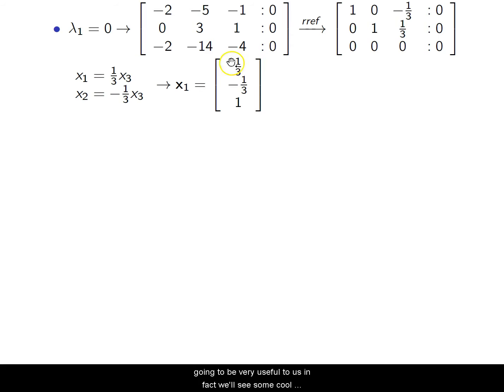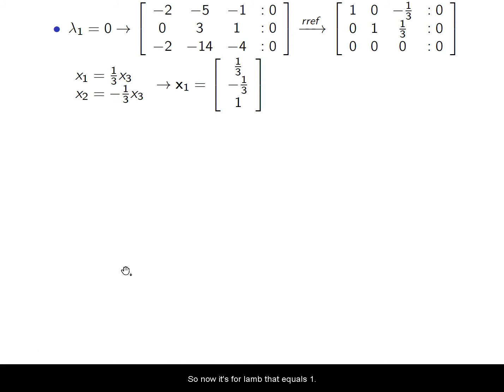In fact, we'll see some nice things happen from keeping these original values. So again, if we change these into full integer values, so 3, negative 1, 1, that is an equivalent eigenvector, although that might help us to develop bad habits for some of the later things that we're going to be doing. So it's normally a good practice just to keep it in this form, right? x3 is 1, and then the values that you get.